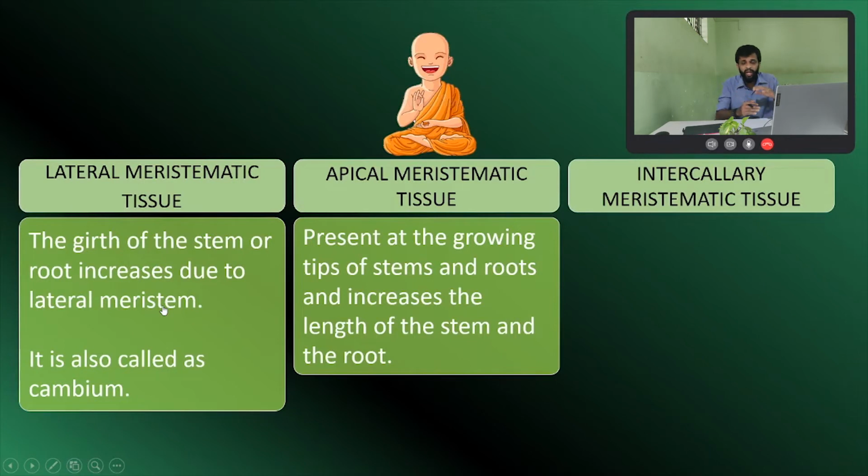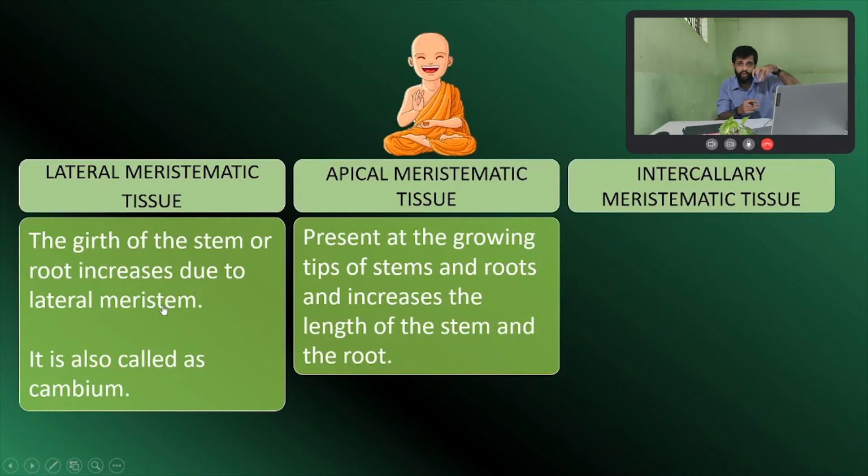After another month, the plant becomes bigger, right? Now it is becoming bigger only because of apical meristematic tissue, which is found only at the tip. So it just divides the tip and grows more and more, making the plant bigger. So it is present in the tips of the stem and the roots.